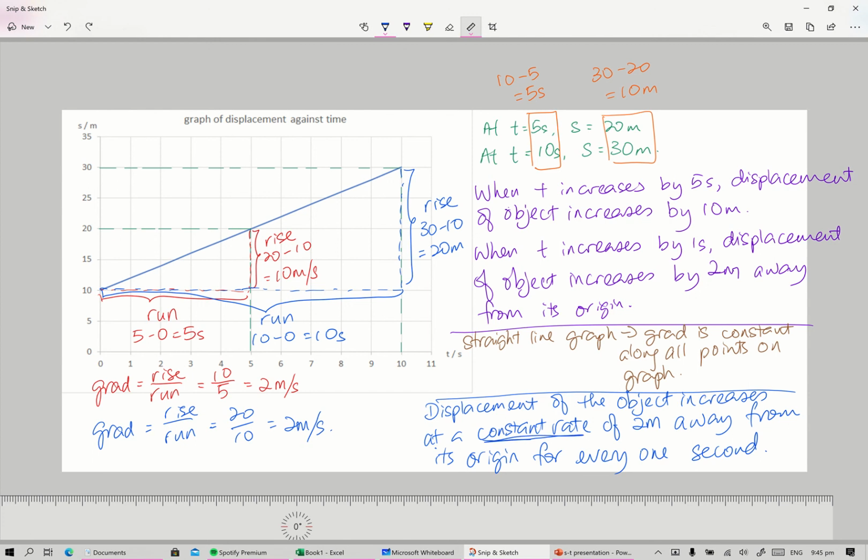Constant rate means it's a straight line graph.